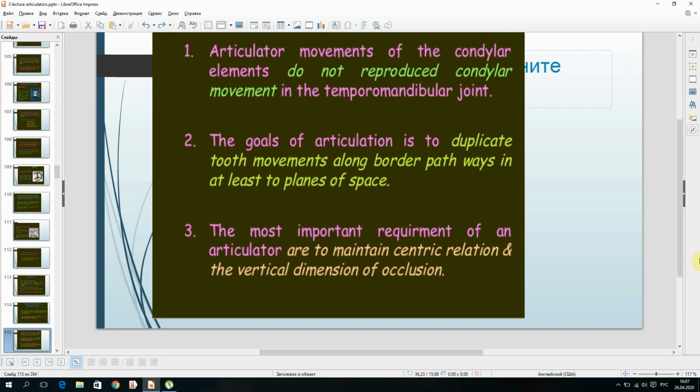The goal of articulation is to duplicate tooth movements along border pathways in at least 2 planes of space. The most important requirements of an articulator are to maintain centric relation and the vertical dimension of occlusion.